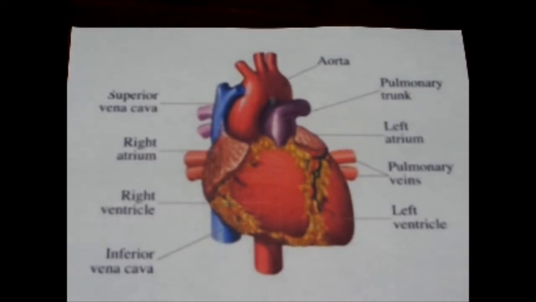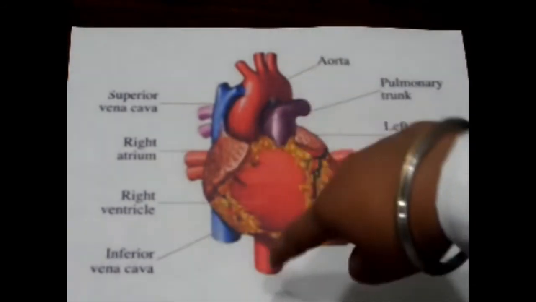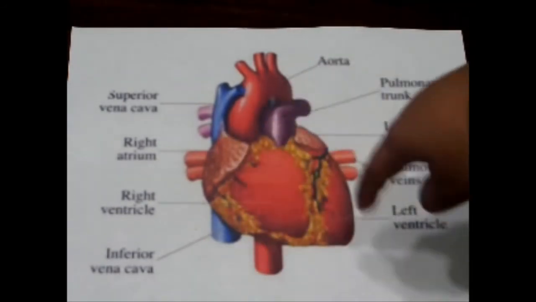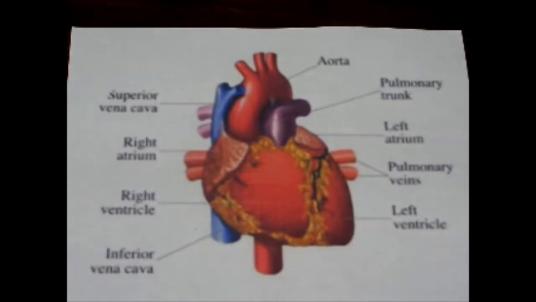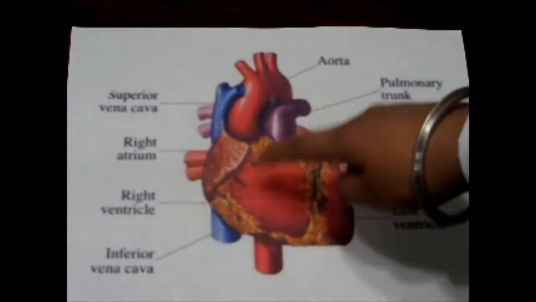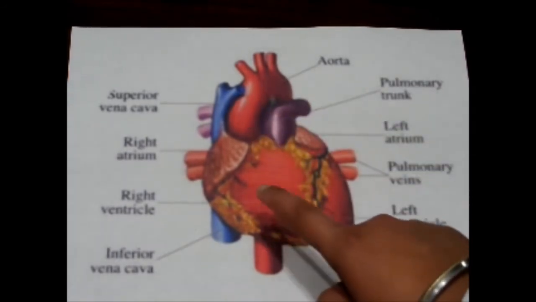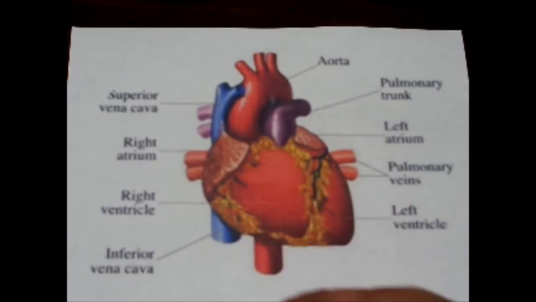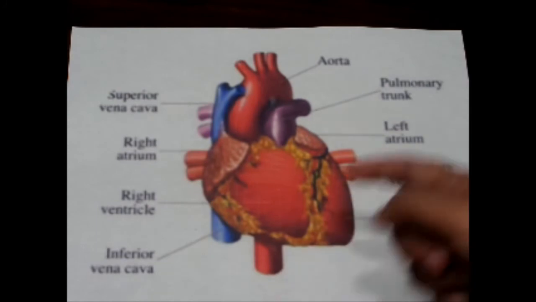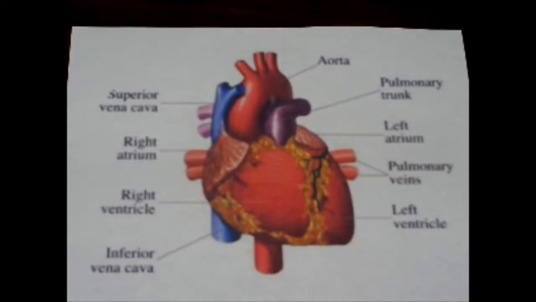There are also different layers, which I'll get into the specifics of later, but that's just the basics. While it's going through the valve, that's how it gets filtered. And then once it gets to the right ventricle, it discharges the blood through the inferior vena cava so that it can flow through the rest of your body.